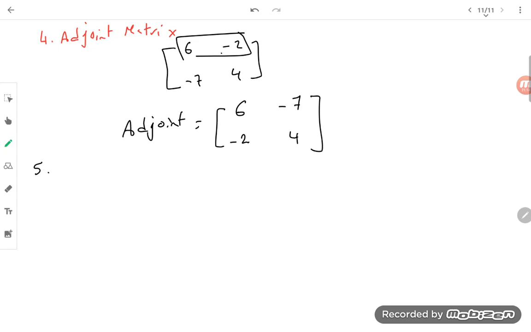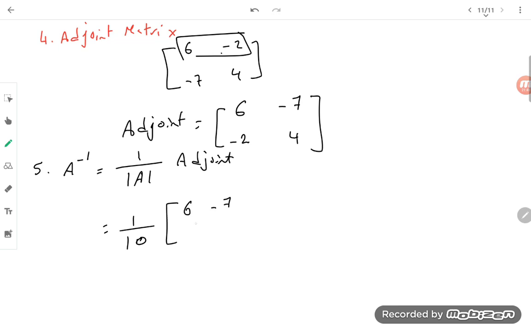Finally, the last step, which is to calculate A to the power -1, which is 1 over the determinant multiplied by the adjoint matrix. So it will be 1 over the determinant, which was 10, multiplied by the adjoint 6, -7, -2, 4.